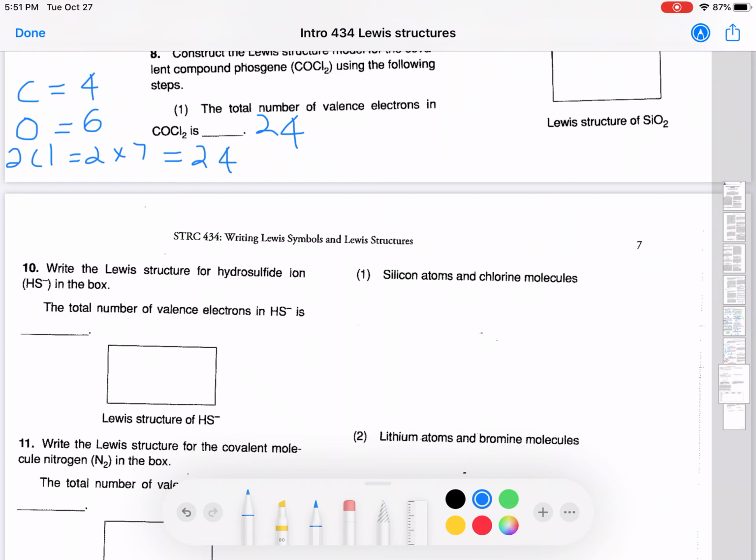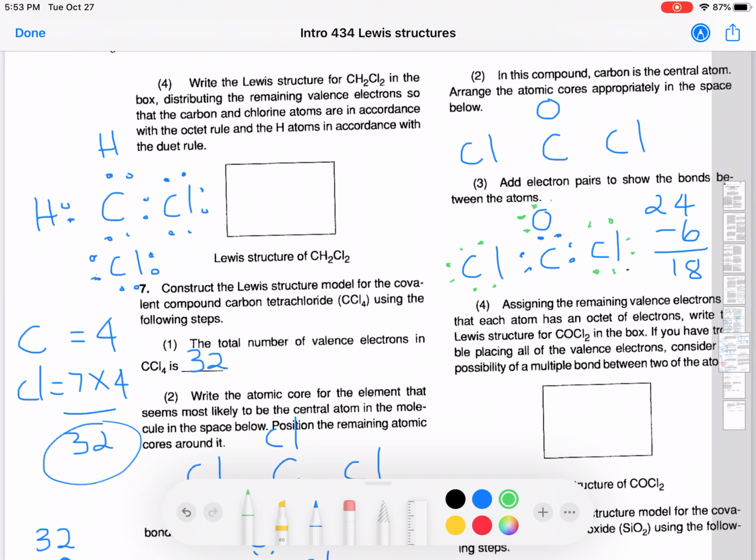Okay, let's do that. 2, 4, 6, 8, 10, 12, 14, 16, 18. So we give all the peripheral atoms, terminal atoms, 8 electrons. They are happy with an octet. What about the carbon? Carbon now only has 6 electrons, the blue ones. So what's going to happen when the carbon is electron deficient?